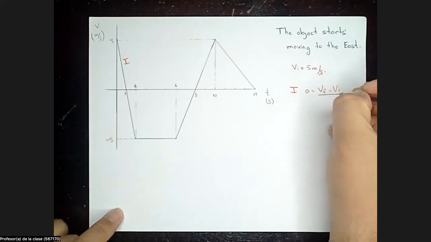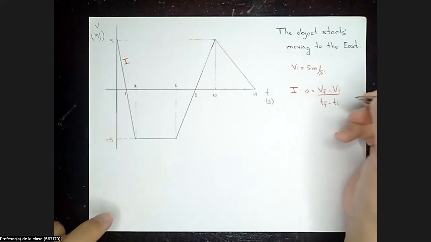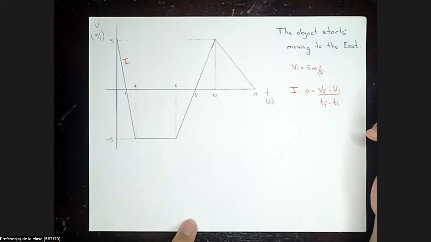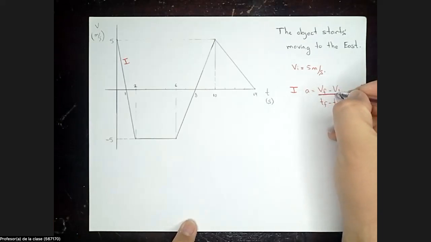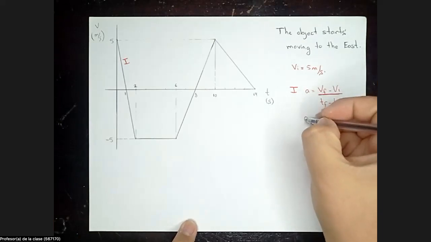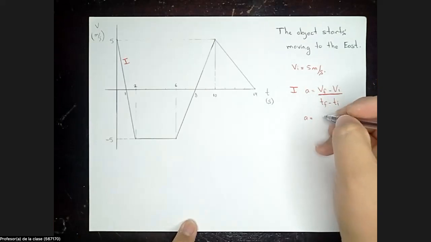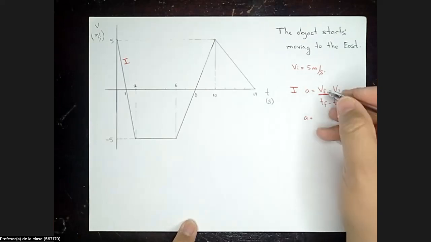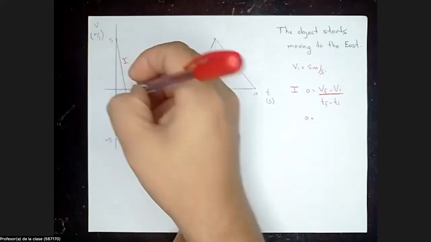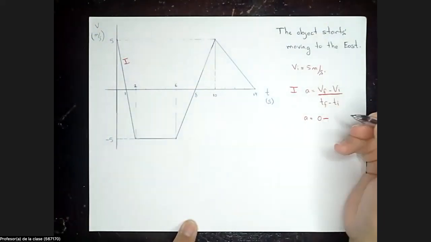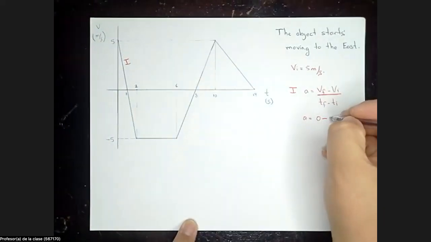And remember that the acceleration's formula is velocity final minus initial, over time final minus initial. So the final velocity on the first interval is going to be 0, and the initial velocity will be 5.